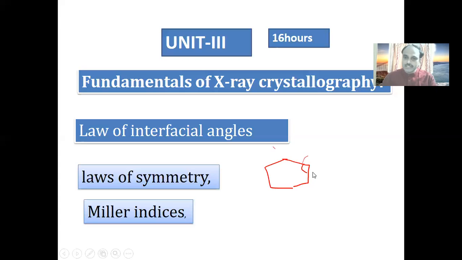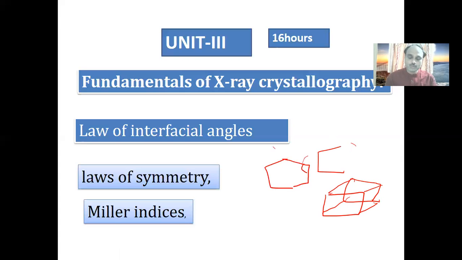Maybe this is one structure; I will draw another. Say for example, I will draw a simple cubic. When you draw a cubic structure, there may be different planes present in it. You already know what the planes are: 100 plane, 111 plane, 122 plane, 211 plane, 200 plane, 400 plane, 311 plane.